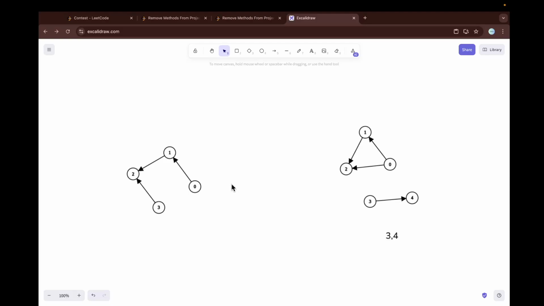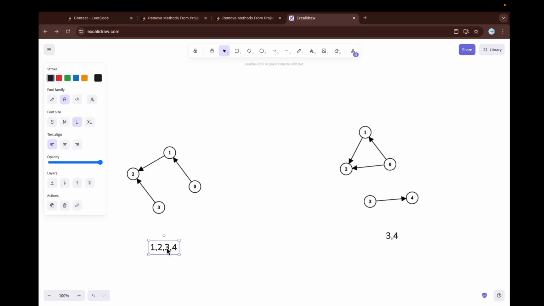But we will return 1 and 2 as well, because 2 is getting invoked by 3 and 1 is getting invoked by 0, which are external non-suspicious nodes. So 1 and 2 were suspicious previously, but as 3 is the external node which is invoking 2, we have to return 1, 2, 3 and 4 here. This will be our answer.